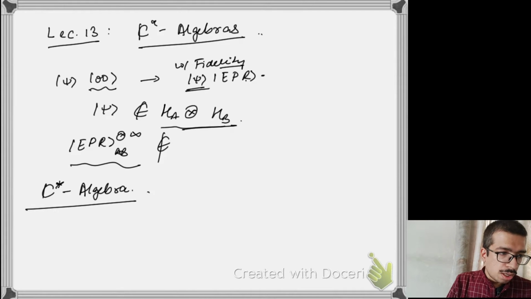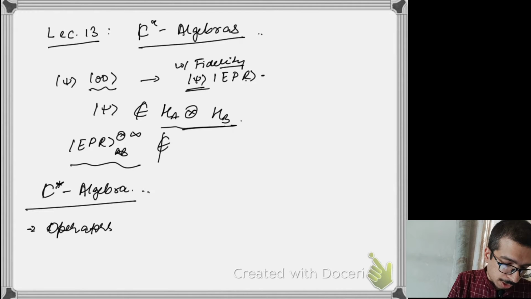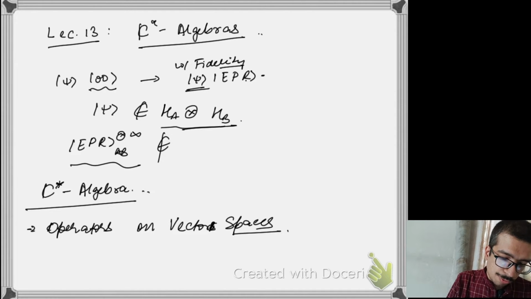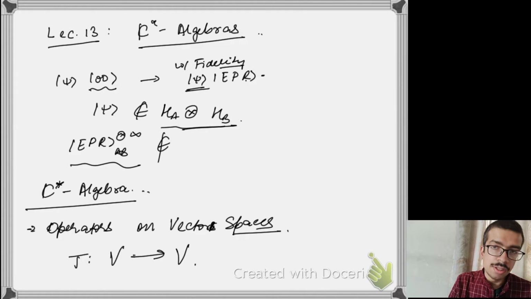So essentially, in order to motivate C-star algebra, let's look again at operators on linear spaces, operators on vector spaces. Suppose we have some vector space V, we can define a notion of a linear operator which acts on V and gives me an element from V itself.